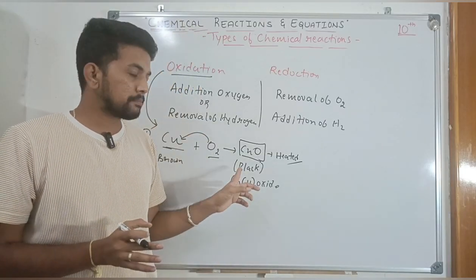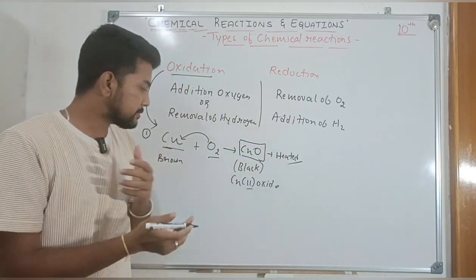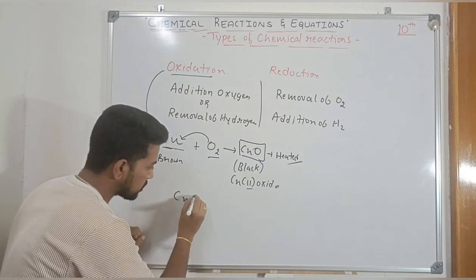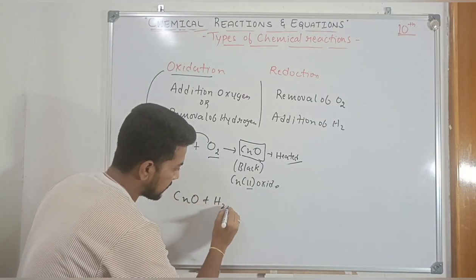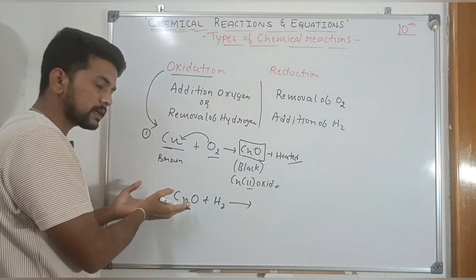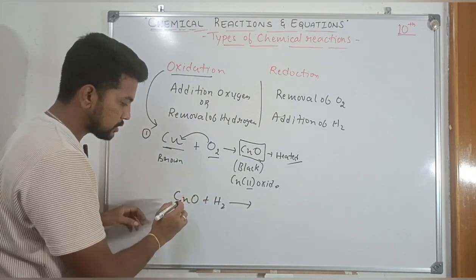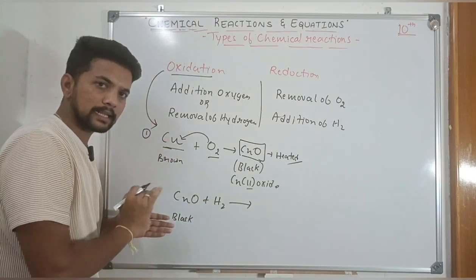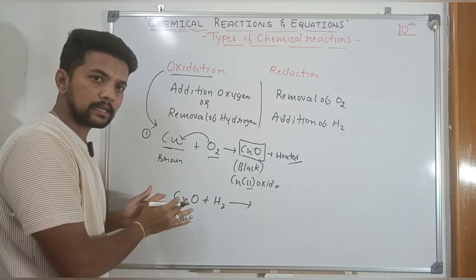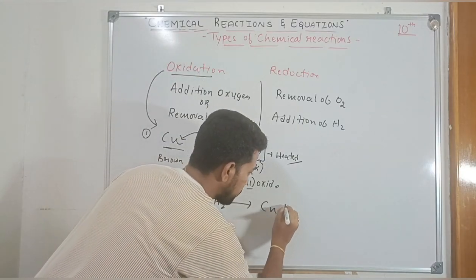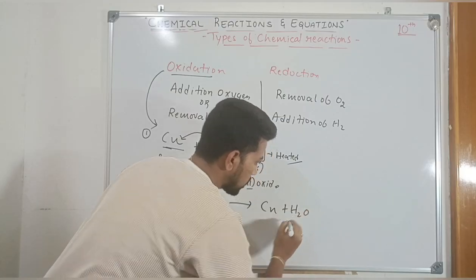Then the black colored coating is removed and again we get copper. When copper oxide reacts with hydrogen gas, the black color formation is removed and we get copper and water.